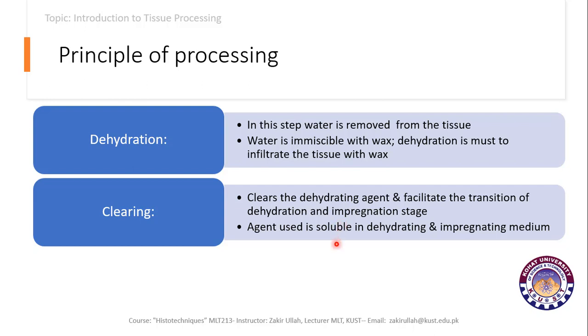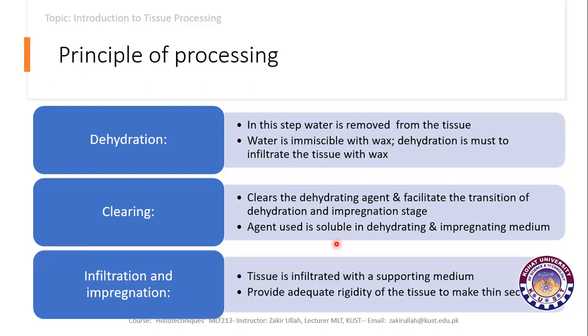The agent used for clearing is soluble in both the dehydrating as well as the impregnating medium. And infiltration and impregnation is the step in which tissue is infiltrated with the supporting medium, and this supporting medium provides rigidity to the tissues to make thin sections.